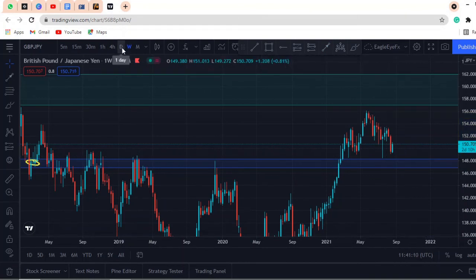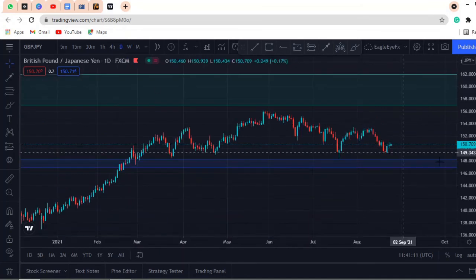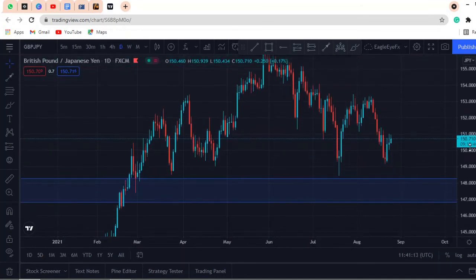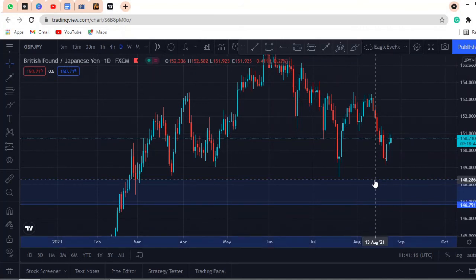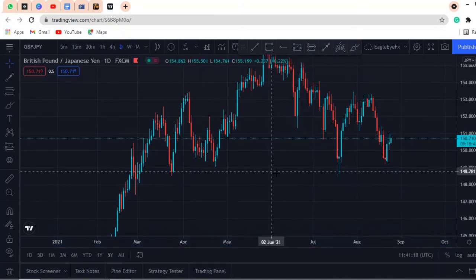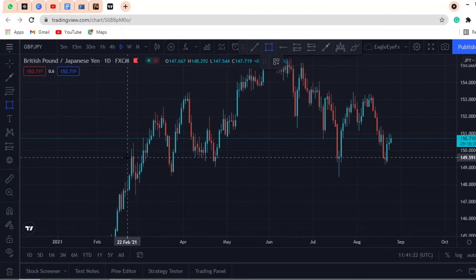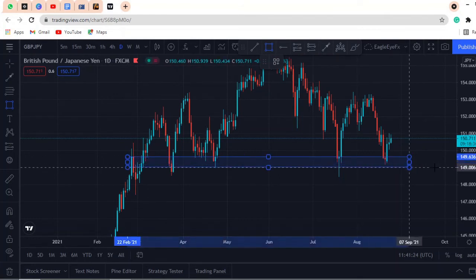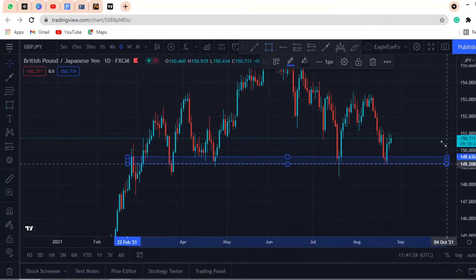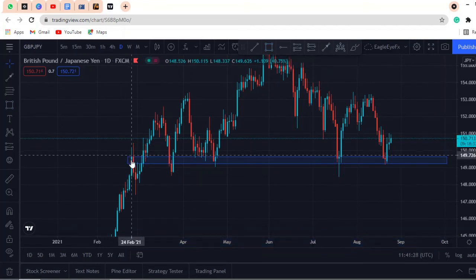Let's go to the daily time frame. So on the daily time frame, let me draw this zone again, the way I can be able to see it, like that. Then you see that there's some sort of try to reject it.